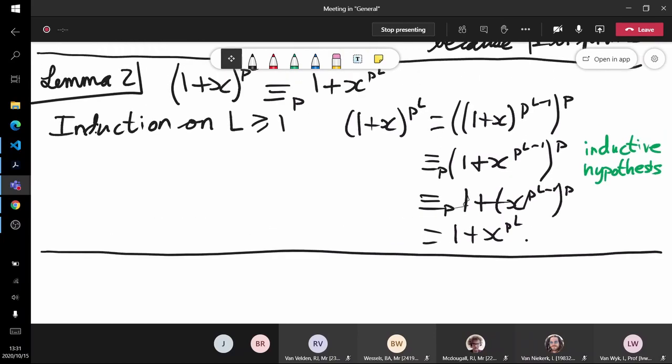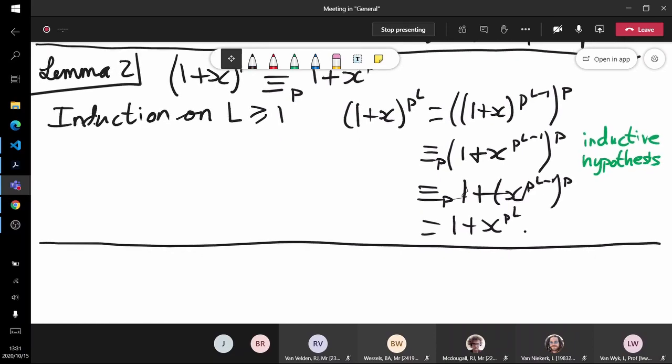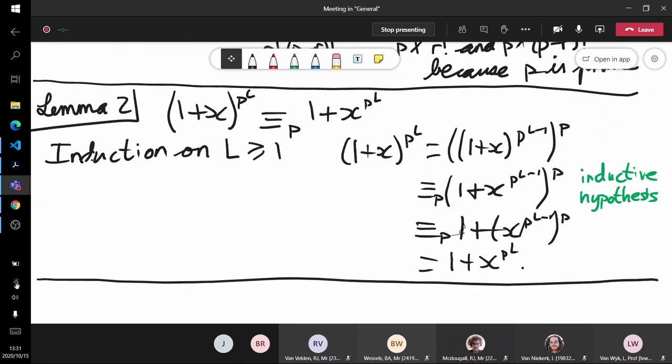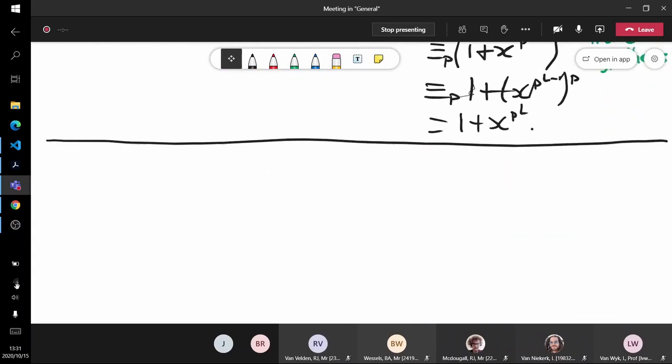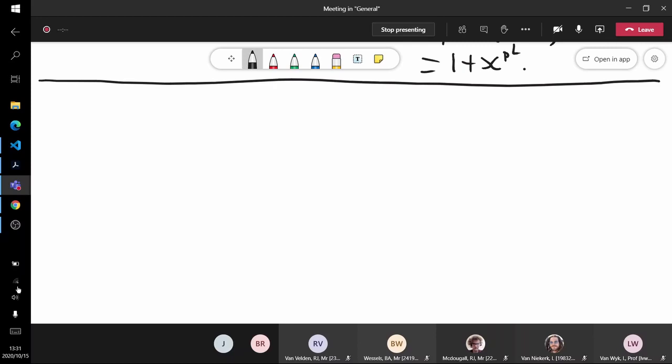So now that we have this lemma, we have basically all that we need to prove Lucas's theorem. So let's get back to the context of Lucas's theorem. We have m, which is written in base p, and each of those digits are between 0 and p minus 1.